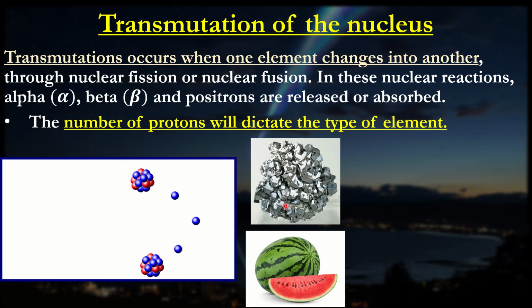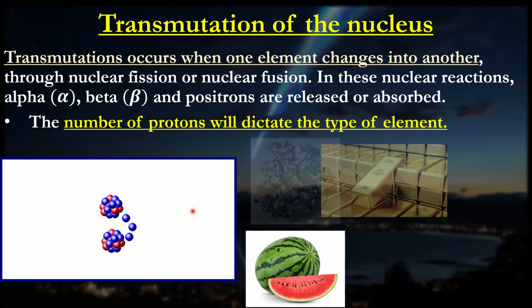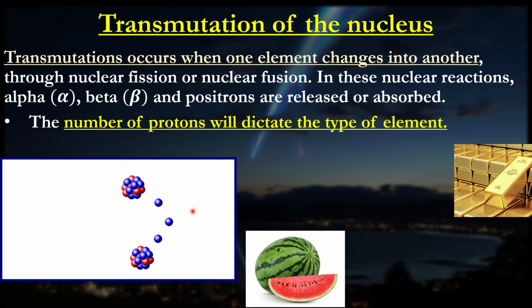It could also be similar to what ancient alchemy thought, where you had a piece of lead and you could convert it into gold. That's an example of a transmutation. That's actually a nuclear reaction. I want to give a shout out to one of my colleagues, Mr. Everett.